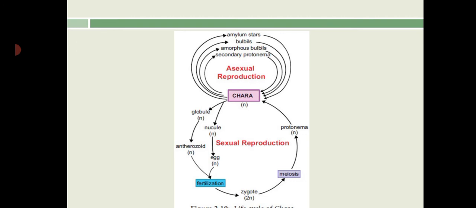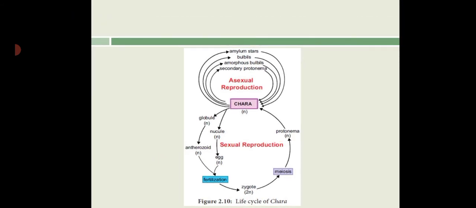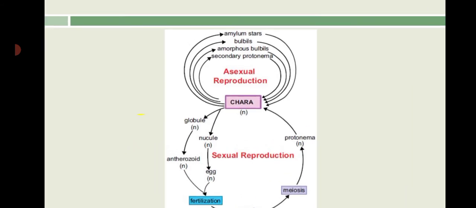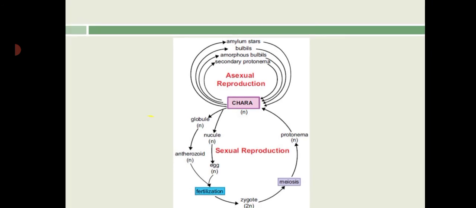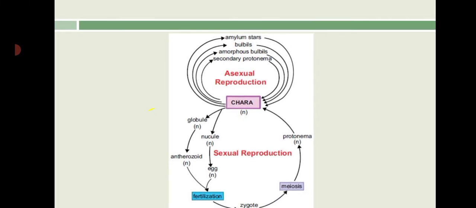And now the next slide is about the life cycle of Chara. इसके अंदर it is represented diagrammatically कि what are the various modes of asexual reproduction जो Chara के अंदर हमें देखने को मिलता है, by which it completes its life cycle, that is by secondary protonema, amorphous bulbils, amylum stars that we have already discussed during asexual reproduction in Chara.